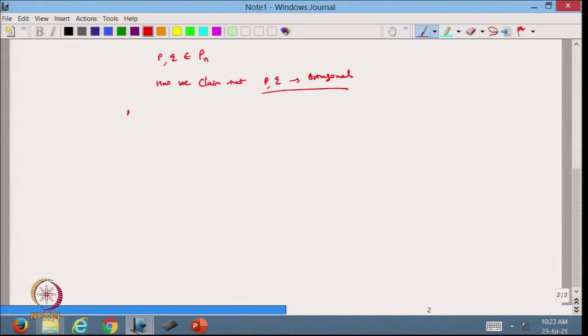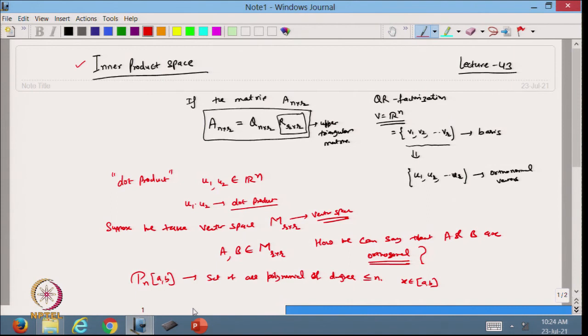Or suppose I take functions f x and g x belonging to the vector space of all continuous functions defined from a to b. In this case also I want to check that f x and g x are orthogonal. So, how will I check? Because we do not know how to take the dot product in this case.